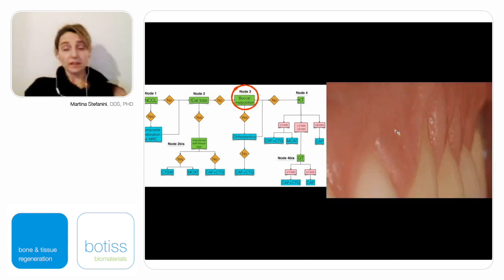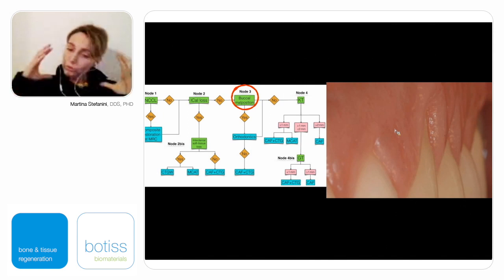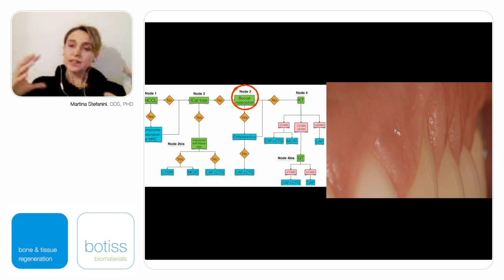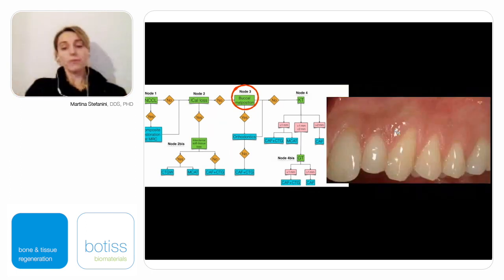We need to evaluate in the profile picture if we have some buccal malposition, and we already know that if the buccal malposition is not excessive, we can use the collagen matrix to help the flap maintain the space for the blood clot, thanks to the presence of the collagen matrix above the root.